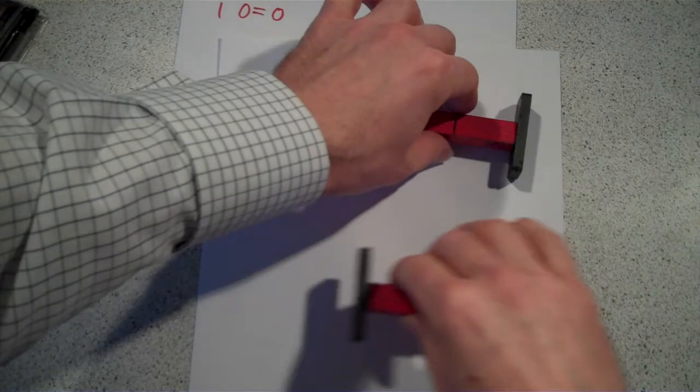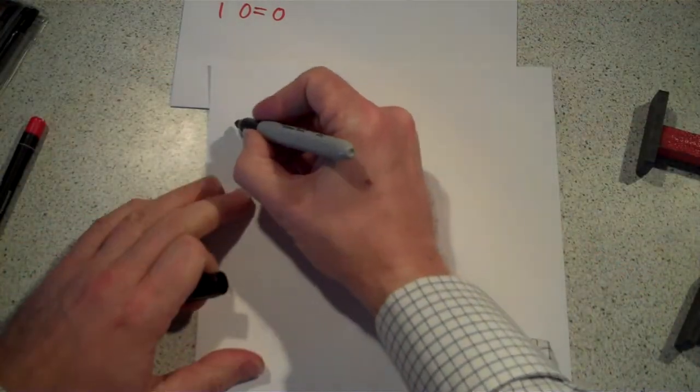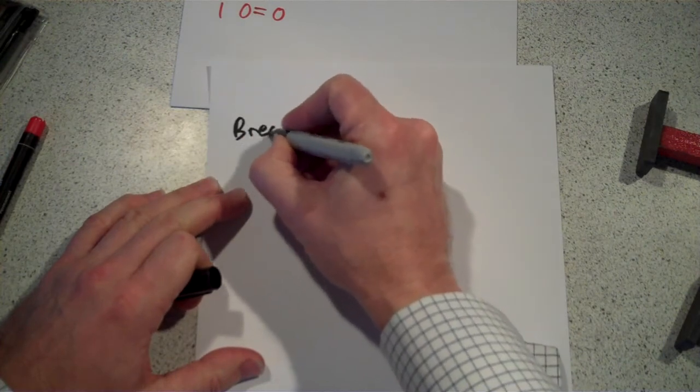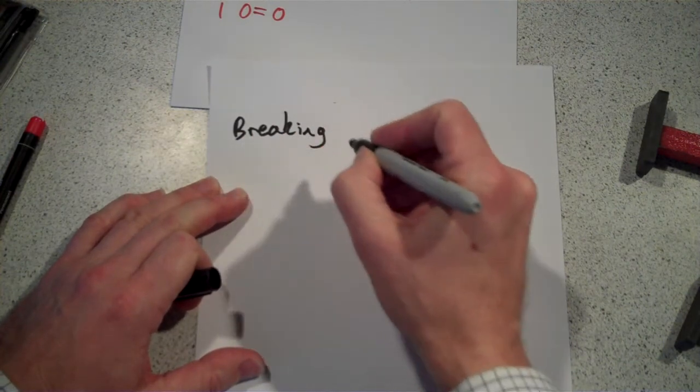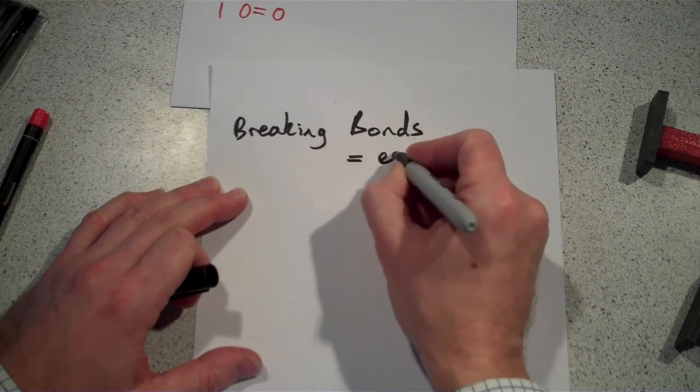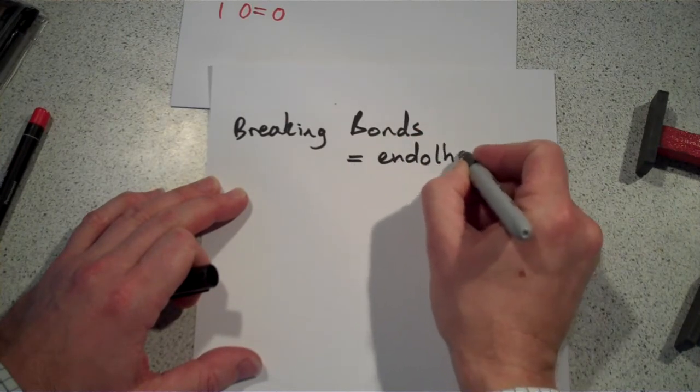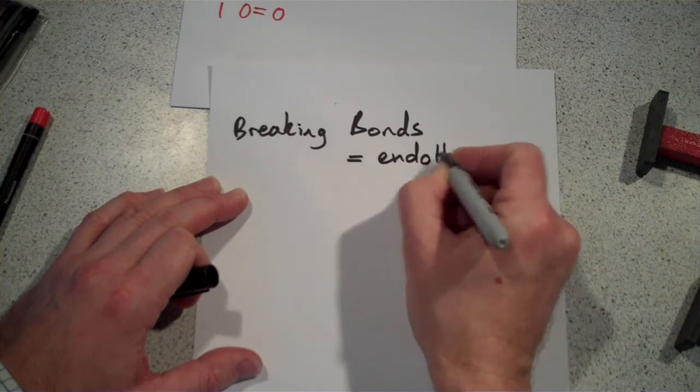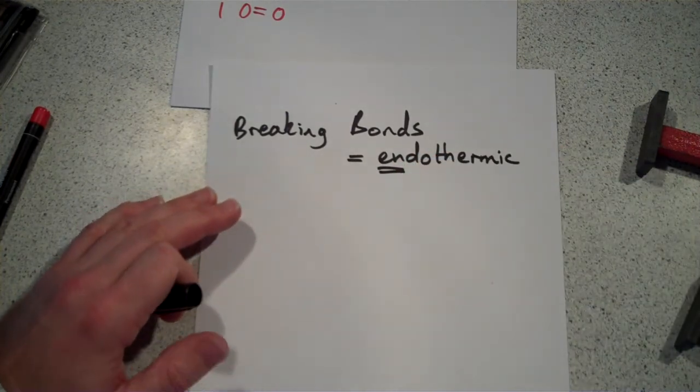And that's really important. So important that we better make a permanent note of that. Breaking bonds, which is what you do at the start, equals endothermic. Remember, endo is like entrance.